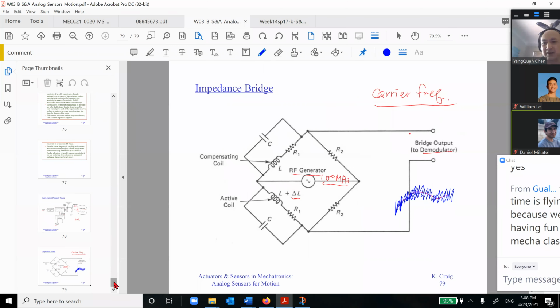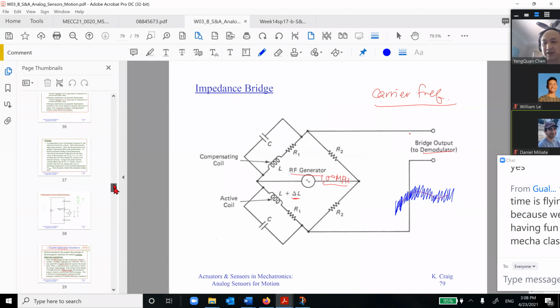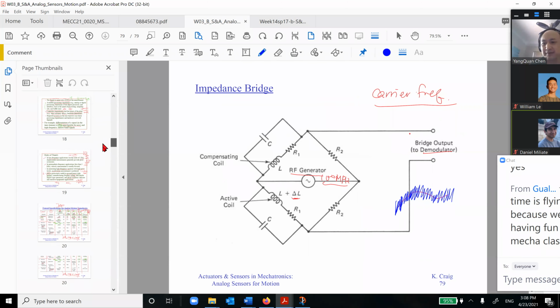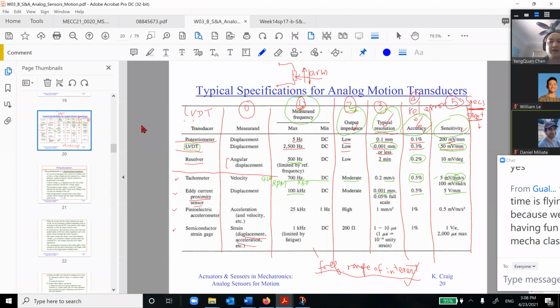First is the frequency range of interest, meaning the frequency range it can work in, and then output impedance, resolution, accuracy, and sensitivity. So I hope you will go back to the textbook and find the definitions of these. If I ask you to explain what resolution, accuracy, and sensitivity are, you should be able to answer this question, okay?